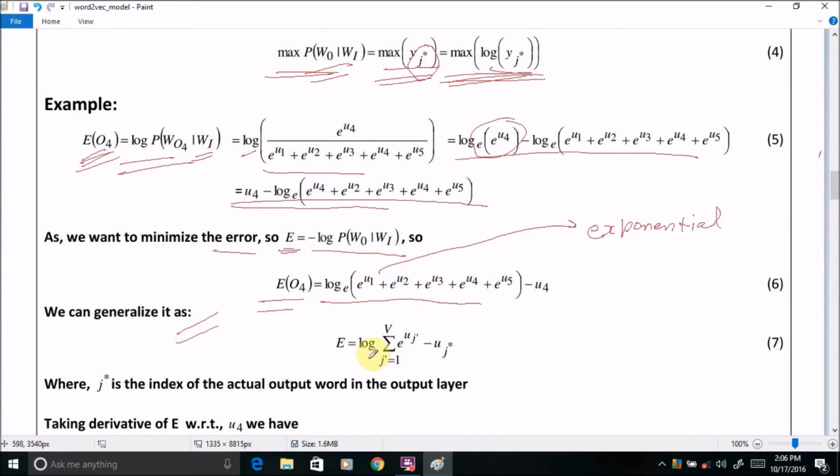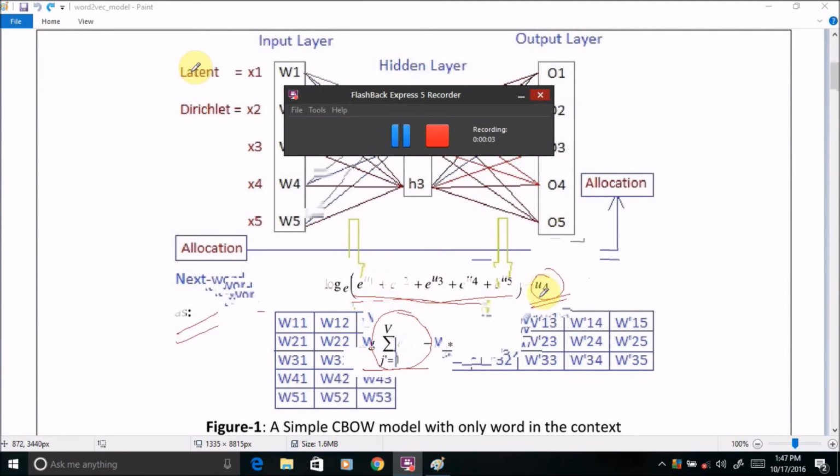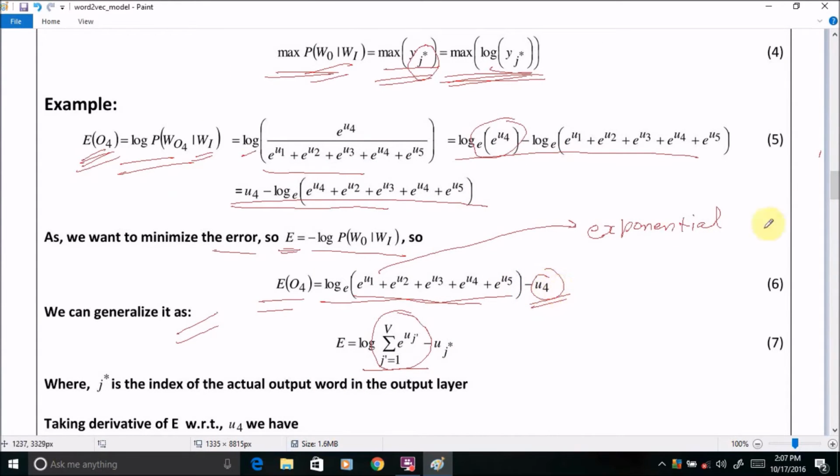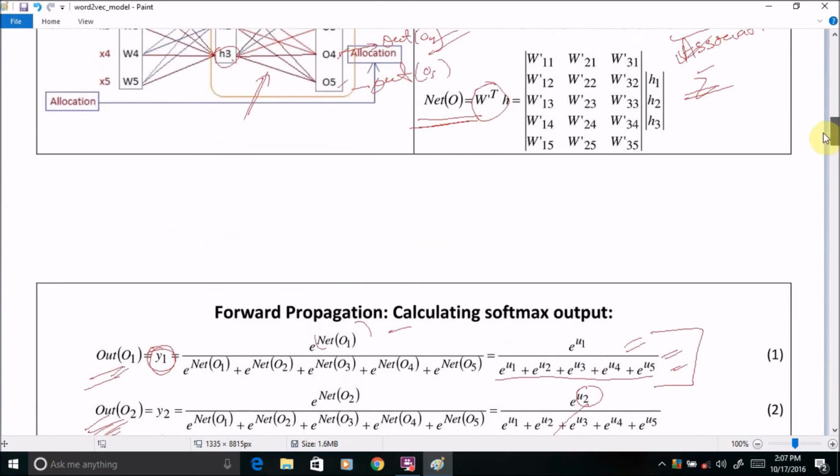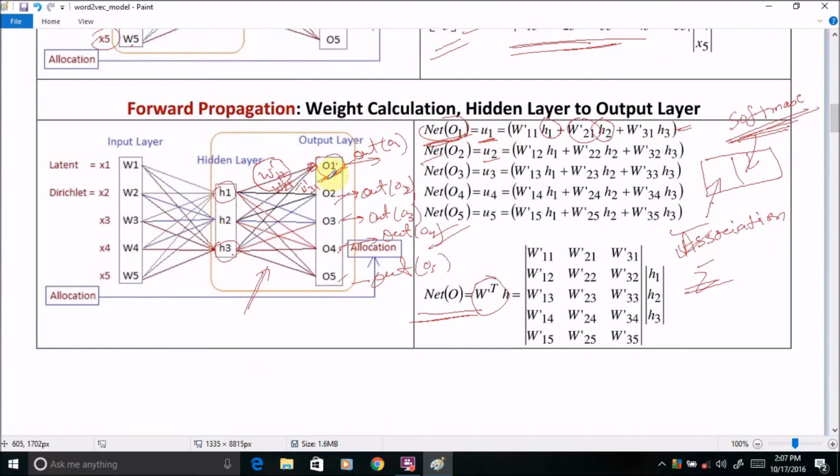Now we can generalize it like this: instead of using this form we can convert it into the summation form by using sigma, and we can replace U4, which represents the net score of the actual output word. So we can represent it like U4. You can again rephrase the concept. Here our U1 is the net score of output node O1.